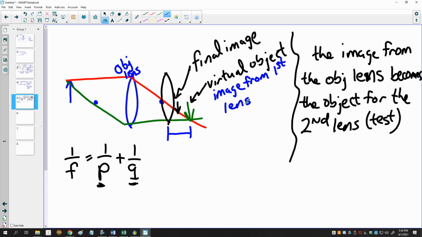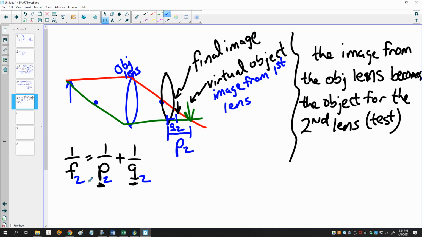But this becomes the object for the second lens. Then we find the second image, and this becomes the image distance for the second lens. So now we have P2 and Q2, so we can solve for F2.